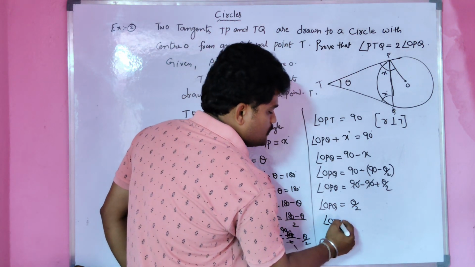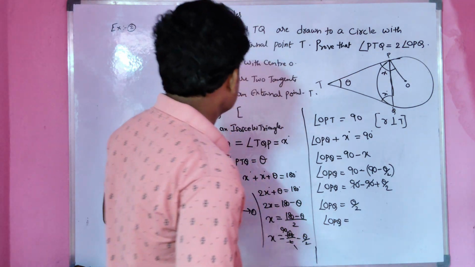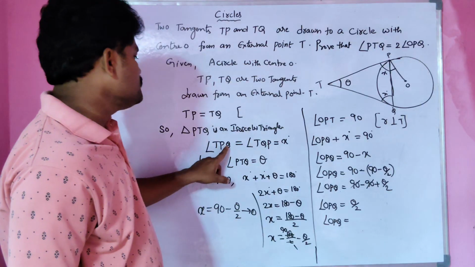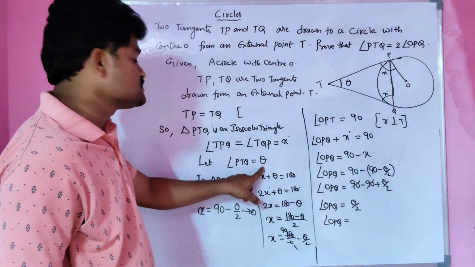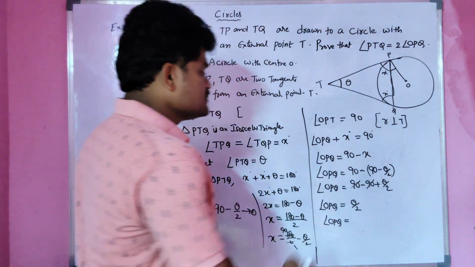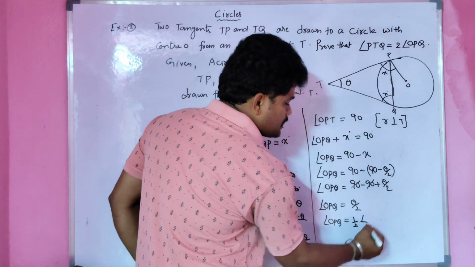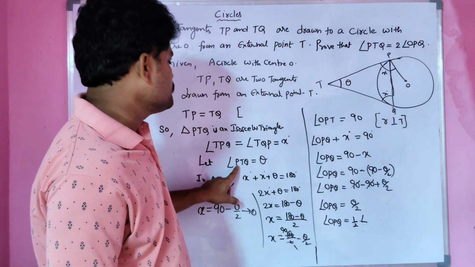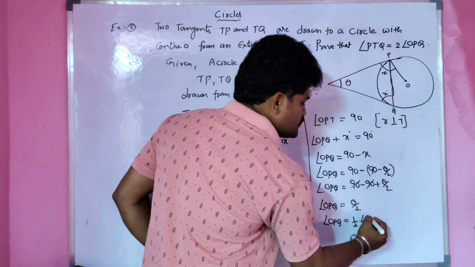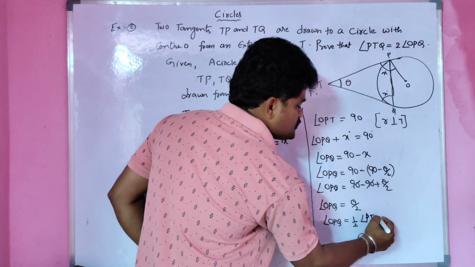Here I consider angle PTQ as theta. So instead of theta I will write angle PTQ, so angle OPQ is equal to 1 by 2 into angle PTQ.